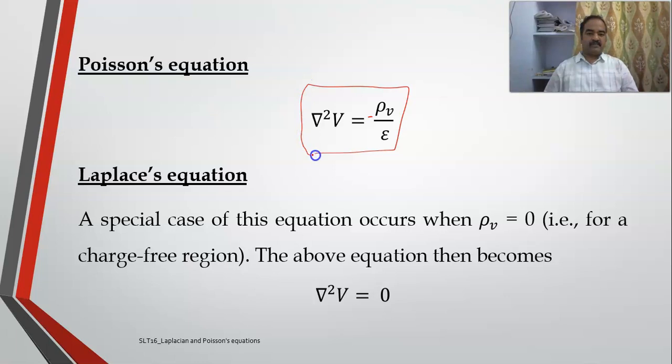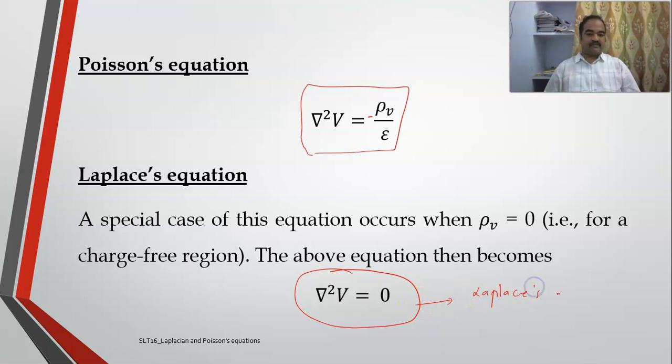Now there will be some special cases where rho V may be 0, which means that the volume charge density may be 0. In that case, if I substitute rho V equal to 0, that equation becomes del squared V is equal to 0. This happens in very special cases when there is a charge free region. So this equation is called the Laplace equation.